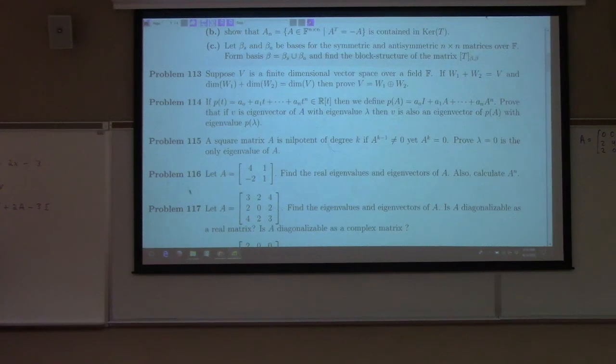So I take f of A, I multiply it by V, what do I get? I get AAV plus 2AV minus 3IV, right? What's AV? That's lambda V, right?